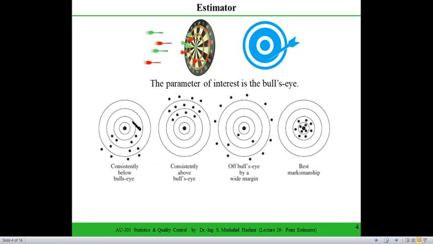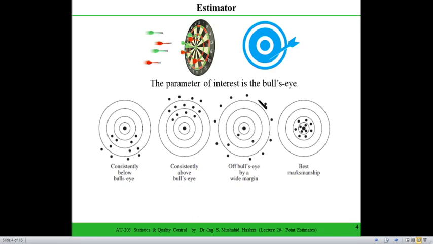Or it could be the opposite: most of them are far away from the center, but above the center line or bullseye. Or a third possibility could be that your attempts are not at the target, but several are above the center and several below the center.